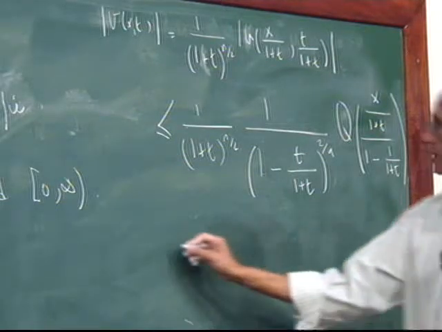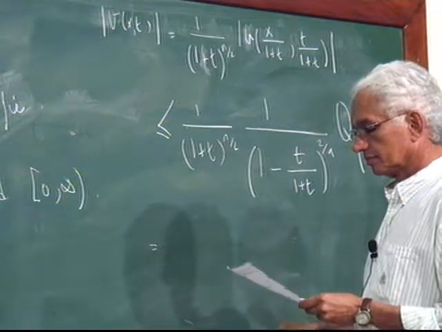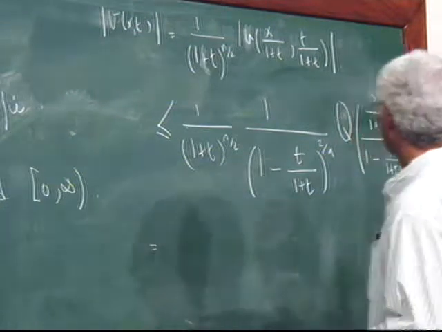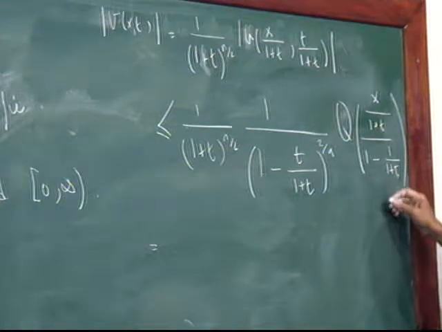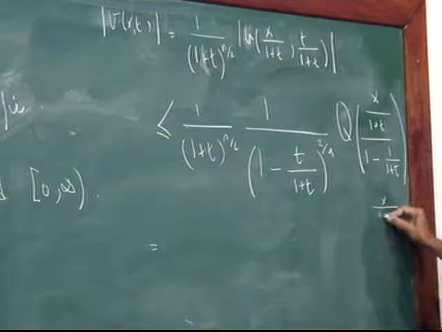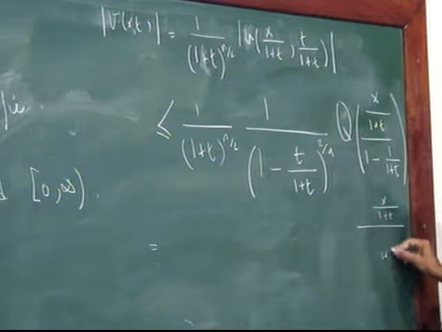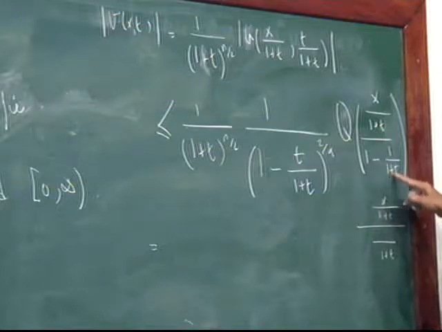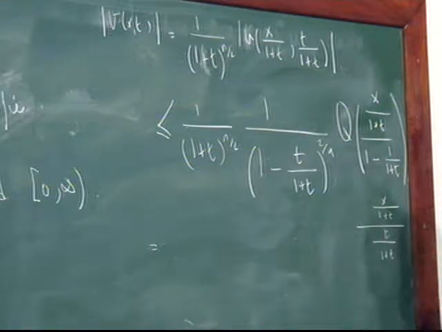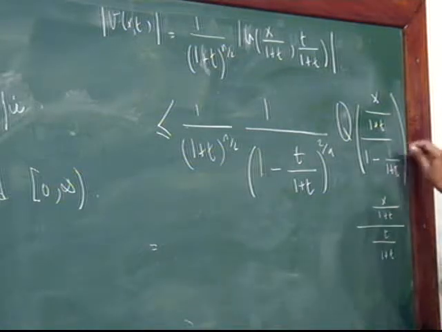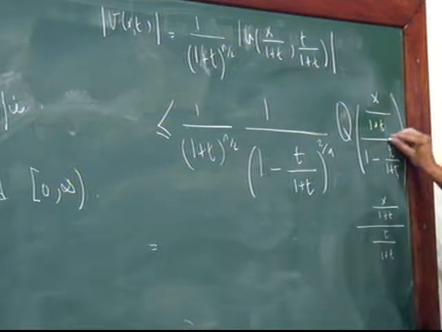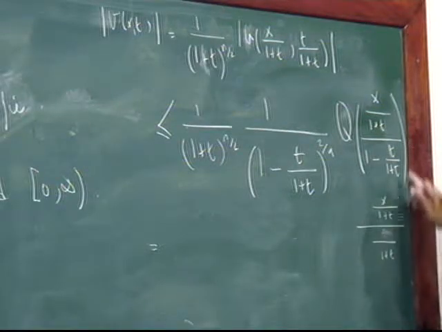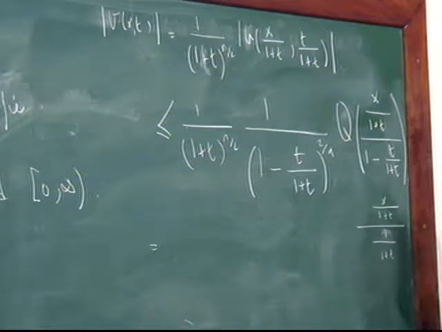Okay. Then this is equal, if the computations are correct. What happened here? This is going to be like x over 1 plus t, divided by 1 plus t minus 1. This is t, right? Yes, this is a t here, right? Okay, thank you. Otherwise the computation will be, this is 1 here.